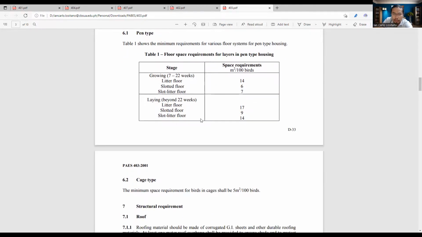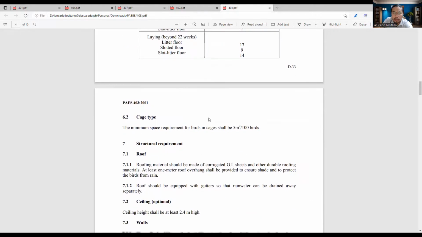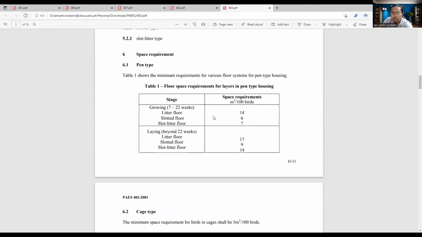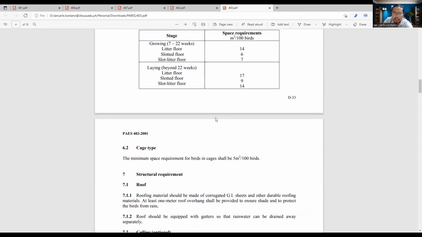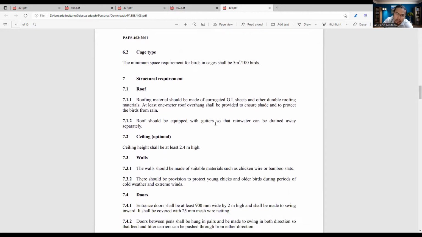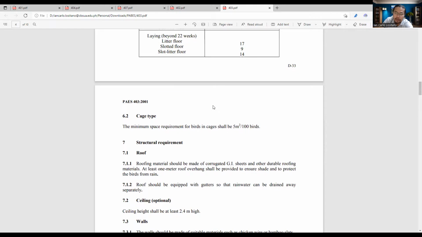So actually, the eggs are haploid, so they just have one set of chromosomes. I'm not familiar with how many chromosomes there are in the chicken. For humans, it's 46. I don't know with chickens. So, cage type you have here.